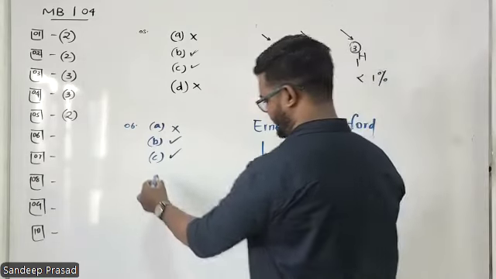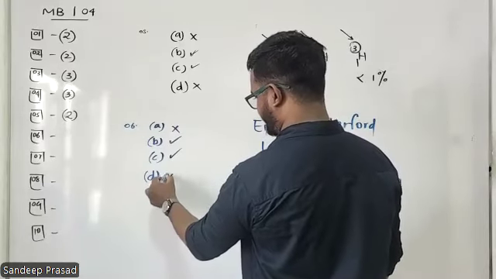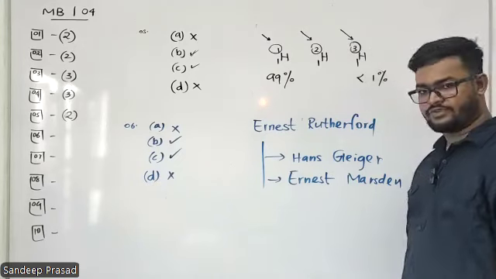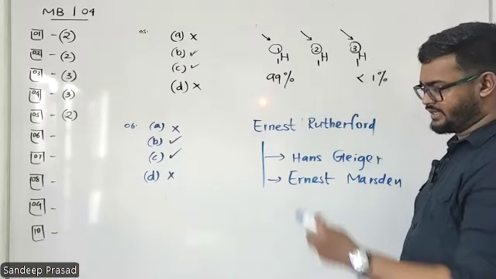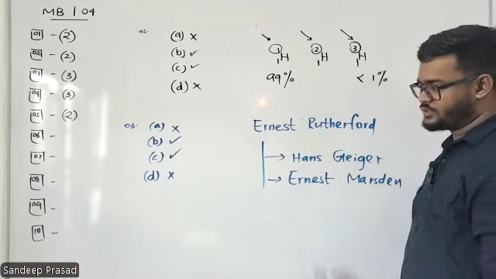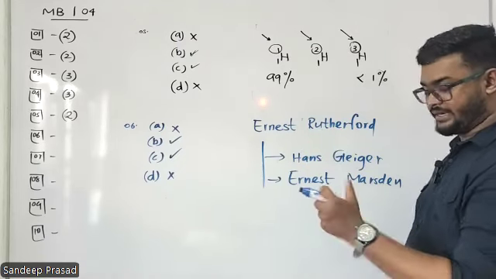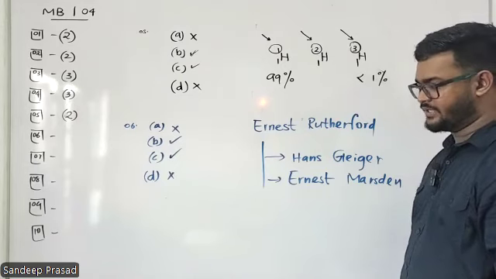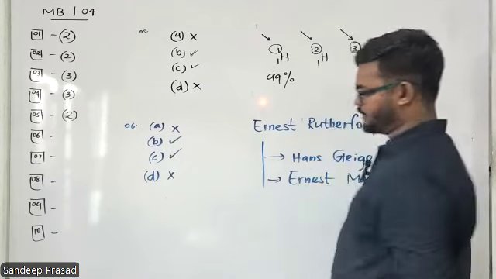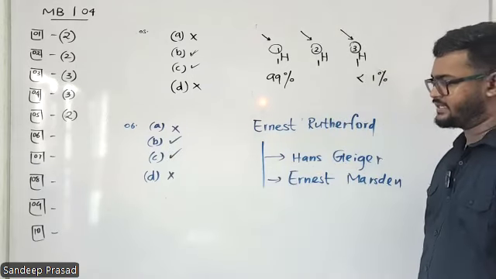I told you why we use gold-like elements: they should be inert, and the alpha particles should easily penetrate through them. Sodium is a reactive metal, so it's not possible to use it.